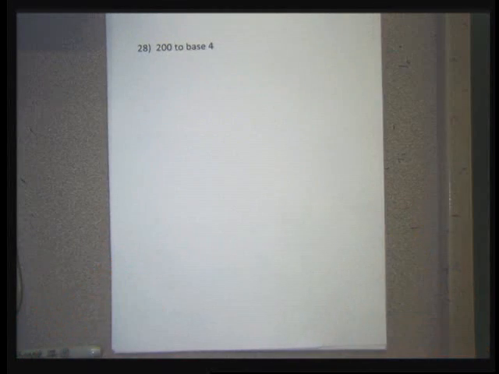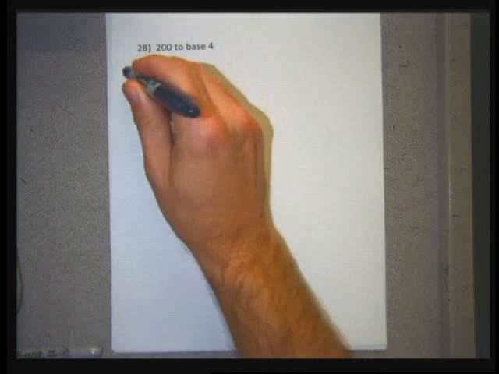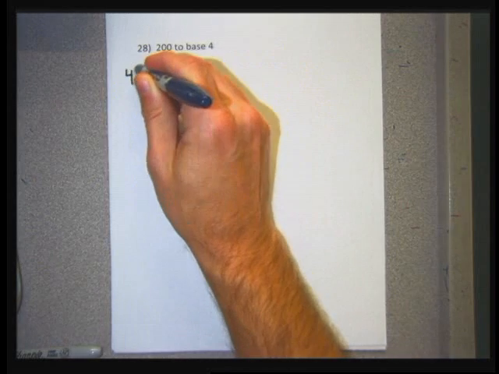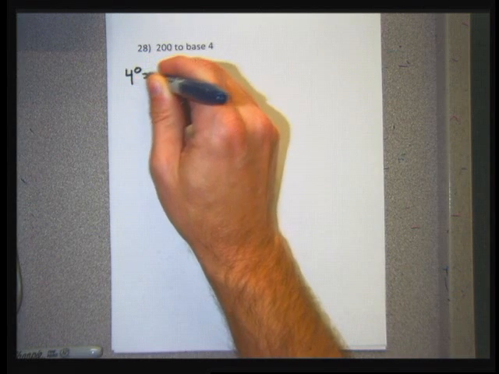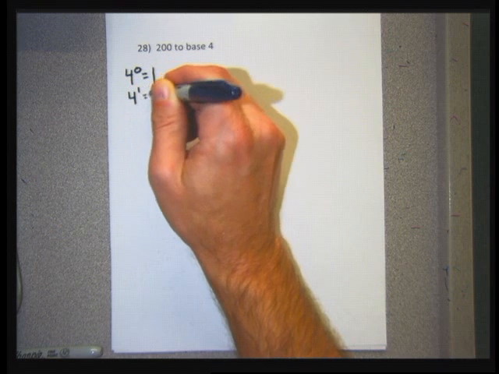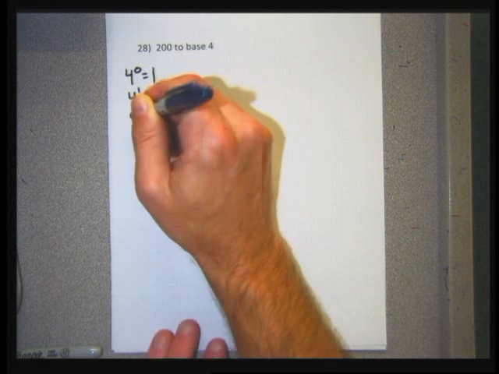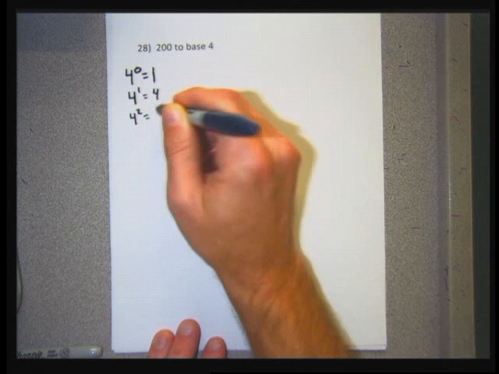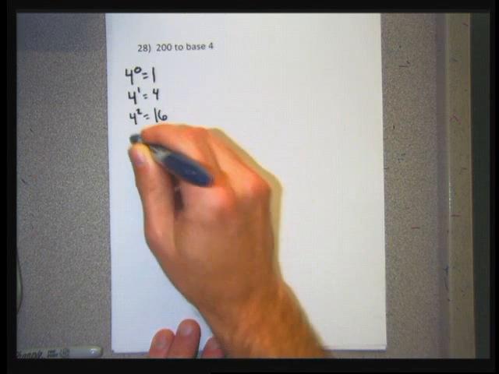and see what we can do here. So for 28, I'm going to start off. I need to find out how many spots are going to be in my answer. I do that by writing down the powers of 4 until I get to a number that's bigger than 200.